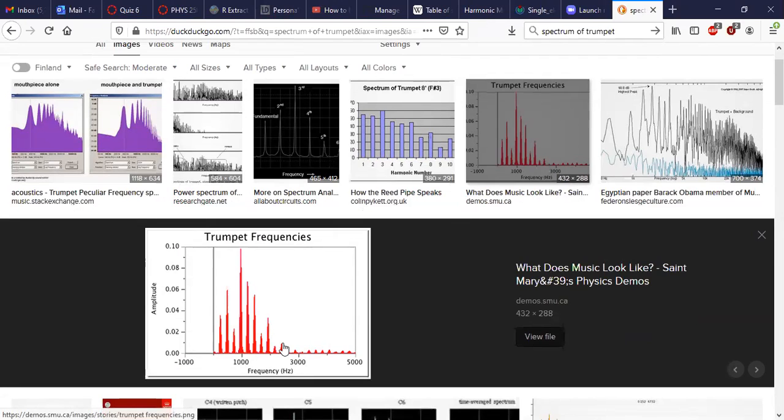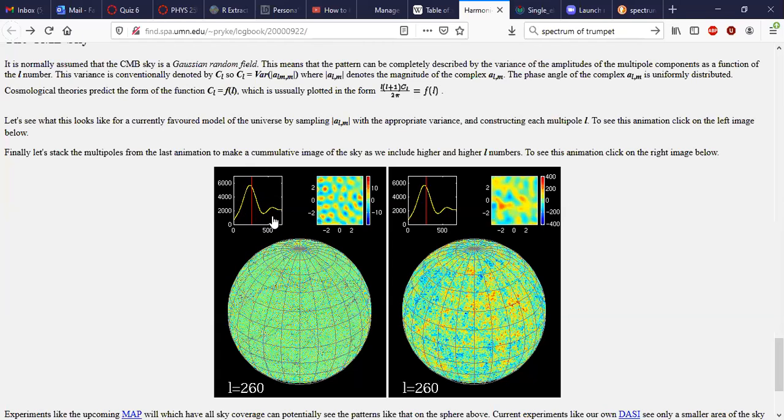And because it's a musical instrument, it's going to have nice, well-spaced peaks. The idea is that you play a musical note and then I ask how much of each type of sine or cosine I would need to replicate it, to make it from scratch. What you're seeing here is that there are so many of them that it's smooth, and the universe isn't a musical instrument with nice well-spaced peaks. But there is something there.